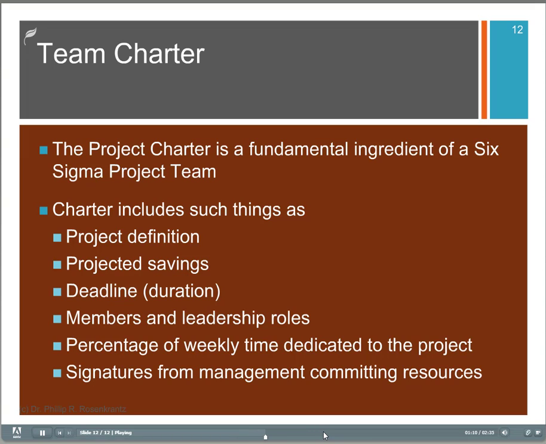There are some fairly intricate charters that some companies use. I noticed on the Johnson & Johnson charter that they've got a lot of information about what type of team is being formed, so that it's very versatile in its usage as a Six Sigma tool.